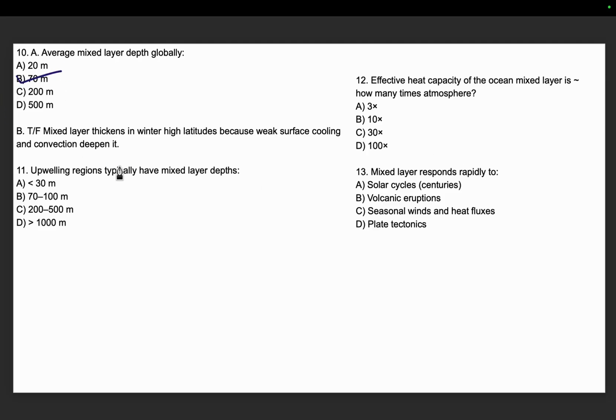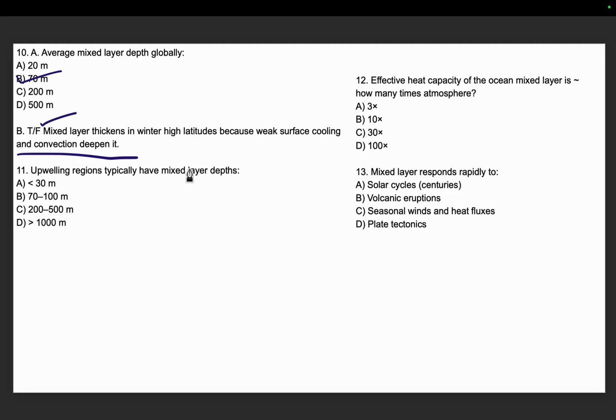Question 10b, true or false? Mark it. The mixed layer thickens in winter in high latitudes because of weak surface cooling and convection depth. This statement is false.